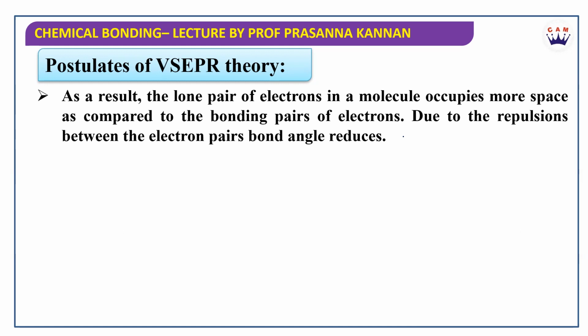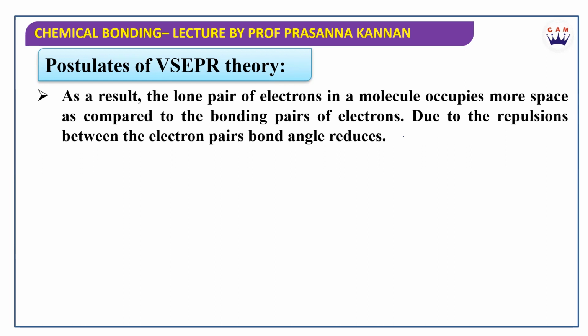We had learned earlier that the kind of hybridization in methane is sp3, correct? 1 s orbital and 3 p orbitals combine, intermix, and give you 4 sp3 equal energy orbitals. Now, what is the kind of hybridization in ammonia? sp3 once again. Even in ammonia, the kind of hybridization is sp3.